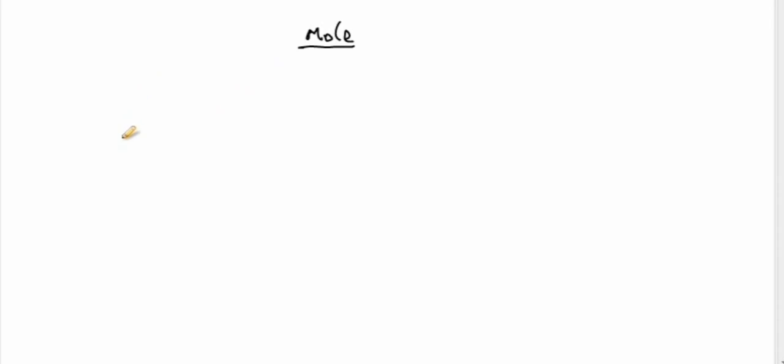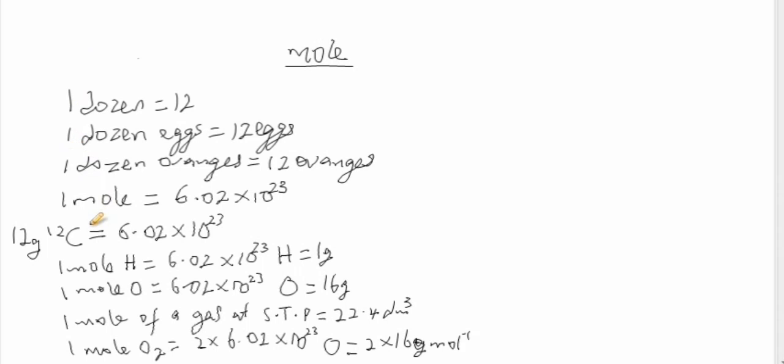In my previous video, we discussed the mole concept, and we arrived at some numbers like the Avogadro's constant. In order for us to understand the mole, we compared a mole to a dozen, and we discussed how Avogadro arrived at the Avogadro's constant.